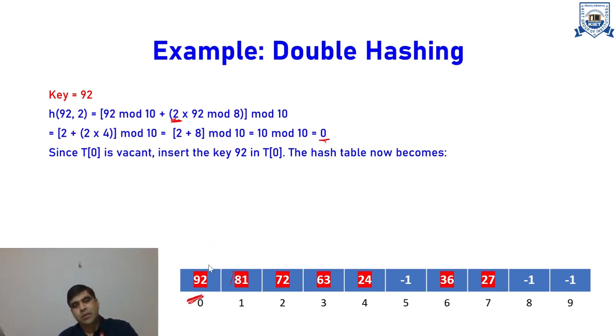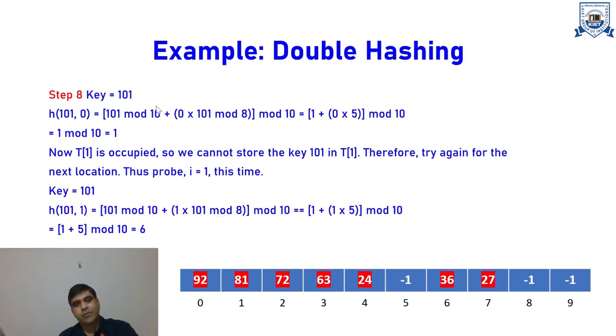Now for this 101, when we calculate the location, the address is 1, and 1 is occupied by 81, so a collision occurs. Then again we check a second time, and 6 is also occupied. 36 is already stored, so again a collision occurs.